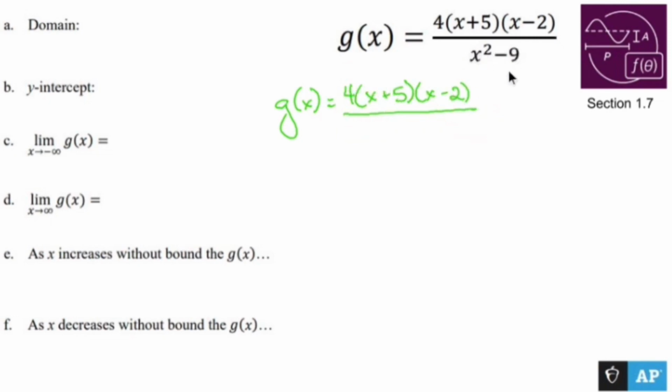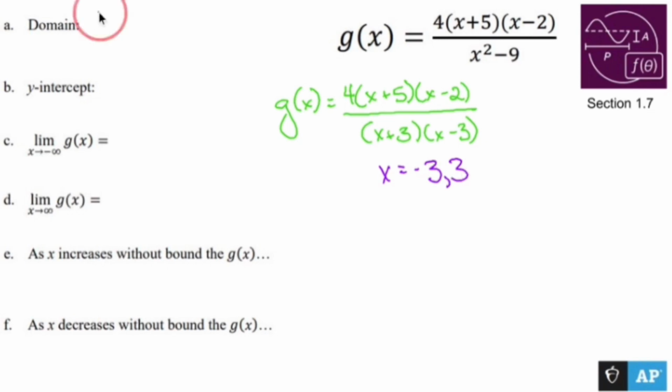X squared minus 9 is a difference of squares. That factors out to x plus 3 and x minus 3. Now, the two numbers that make the denominator equal to 0 are negative 3 and 3, which means I'm allowed to plug in any number I want except for negative 3 and positive 3.